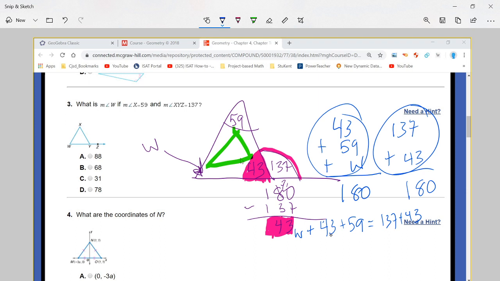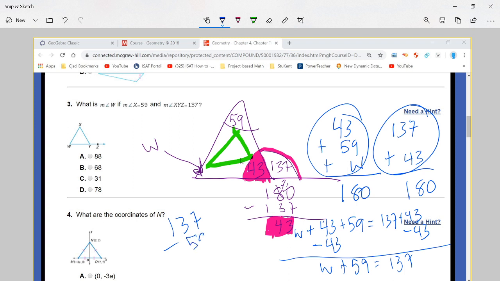And if I subtract the 43 from both sides, then I've got W plus 59 equals 137. Now I can subtract my 59 from both sides and find out what W is. So 137 minus 59, right?